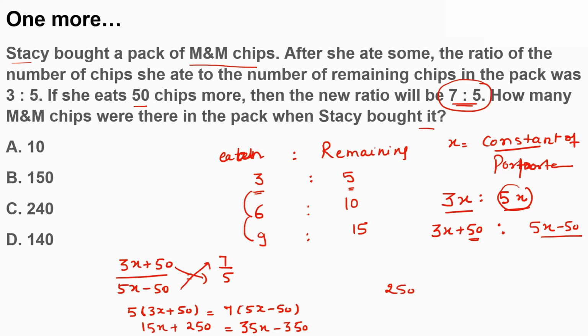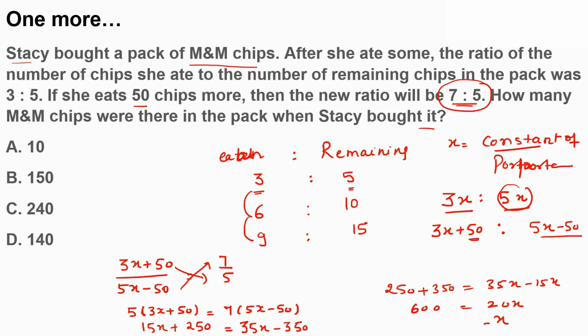Minus 350 will go to the other side, that will be plus 350. And 35x minus 15x, that's my 20x, and that is equal to 600.